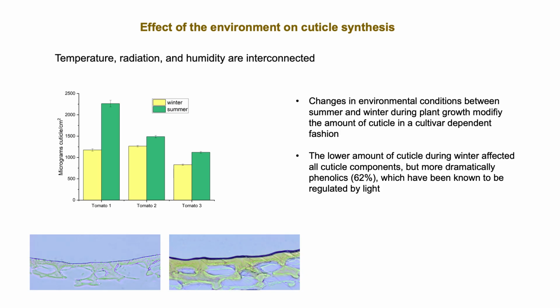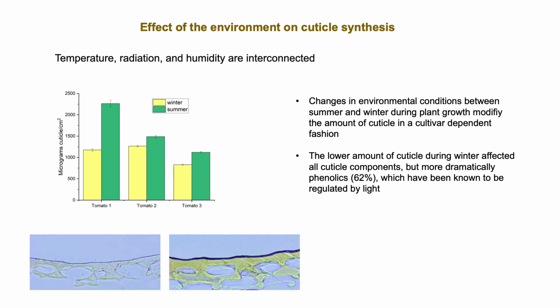We have 3 cultivars of tomato. We compare the amount of cuticle in summer and in winter. And we realize that in winter, and of course, I'm talking about growing tomatoes in winter, not freezing conditions. It's the Mediterranean, so very, very mild conditions. But the effect on the amount of cuticle is tremendous.